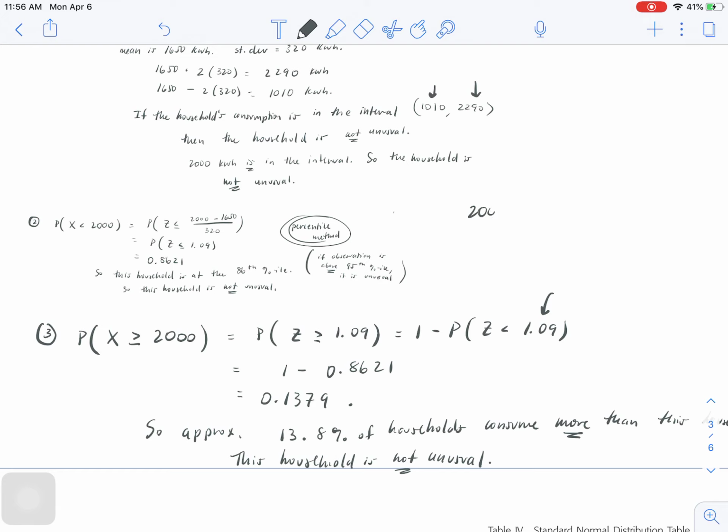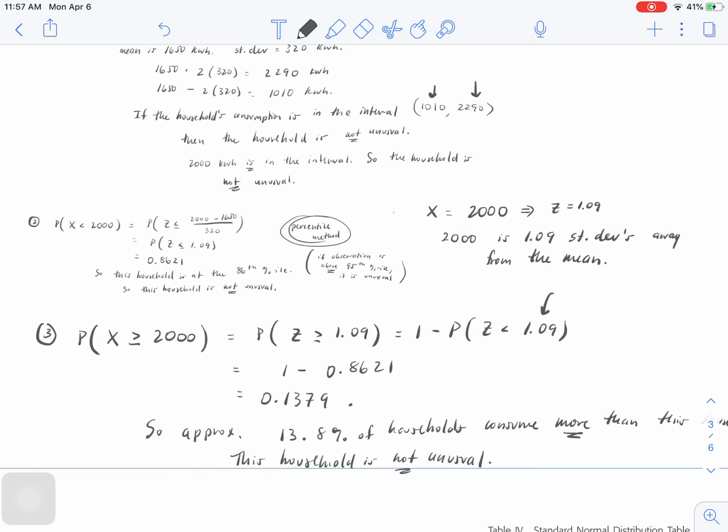Because 2,000 is associated with the z-score of 1.09, that means 2,000 is 1.09 standard deviations away from the mean.